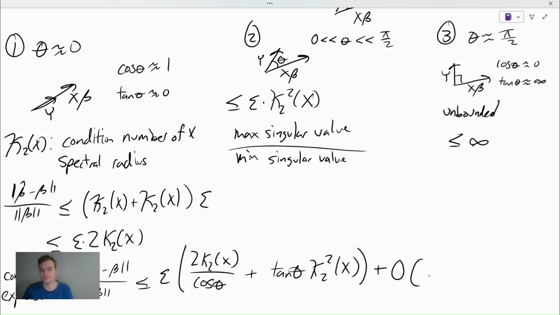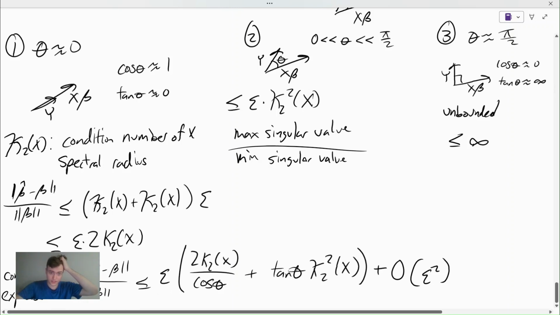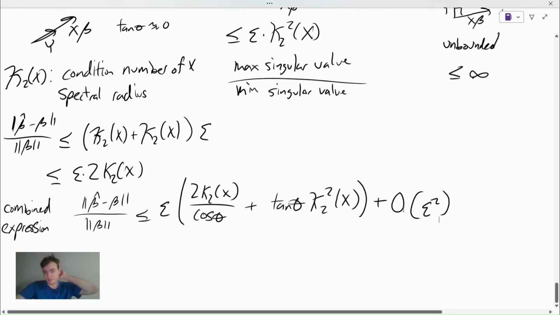And then there's also going to be some function of eps squared that we're not really considering because eps is such a small value. When you square it, that gets way smaller. Almost all of the error comes from the first degree term, right? But big O of eps squared, just for completeness.